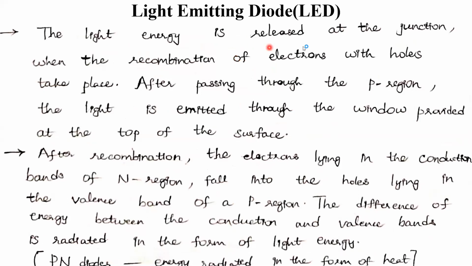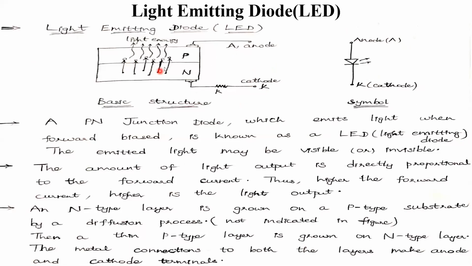The light energy is released at the junction. Across this junction, some light energy is released. Whatever active layer I am telling about, that is from the junction itself.